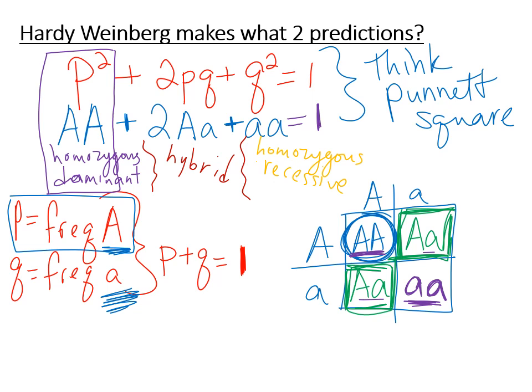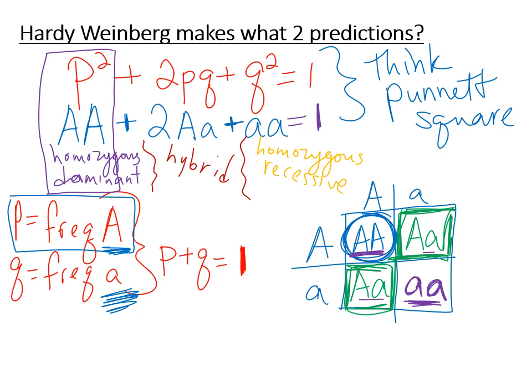Just keep in mind that ultimately all of your possible genotypes for that cross should result in 1, because they're representing 100% of the possible genotypes. And P plus Q should equal 1 because there are only 2 possible alleles.